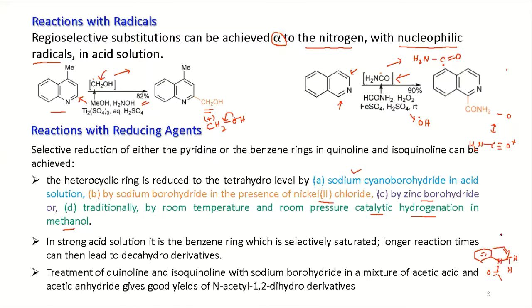Isoquinoline will be like this one: 1, 2, remember. So you have N-acetyl, and at this position you will have the reduction. So you will have this product for isoquinoline. Okay, so these are the different reagent systems for the reduction.